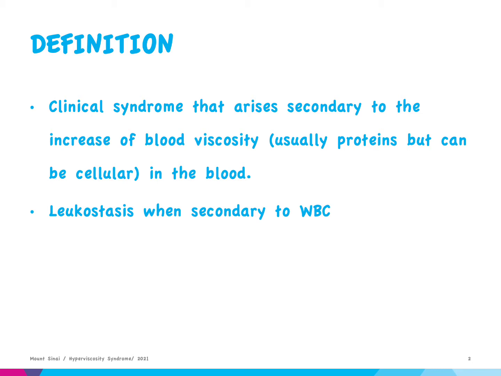I'll go over the basic components of viscosity within blood, but usually it's the proteins or the whole blood. It can be cellular, but it's usually the proteins that end up affecting it. And we call it leukostasis when it's secondary to an increase in the white blood cell count.